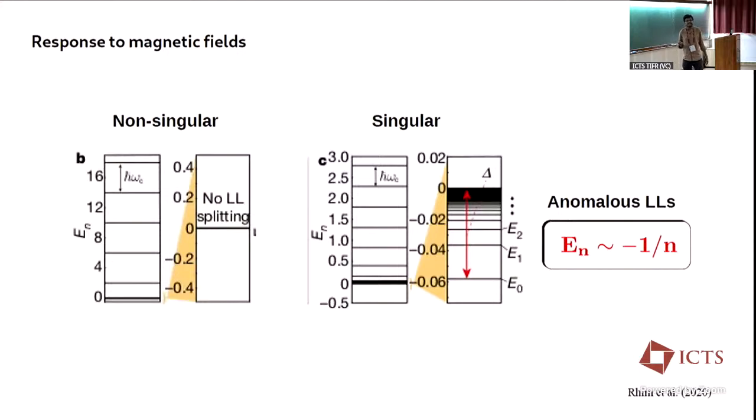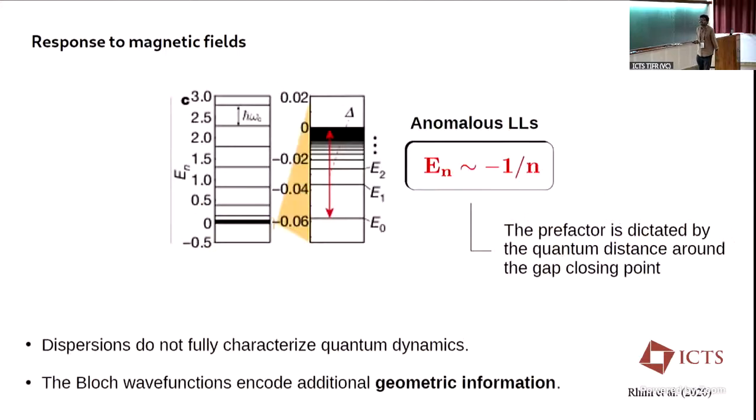Unconventional Landau levels. Essentially, what it means is that you have an n to the alpha quantization, but alpha is not positive. What people have found is that the prefactor in this quantization is strictly dictated by this parameter, which is called quantum distance.